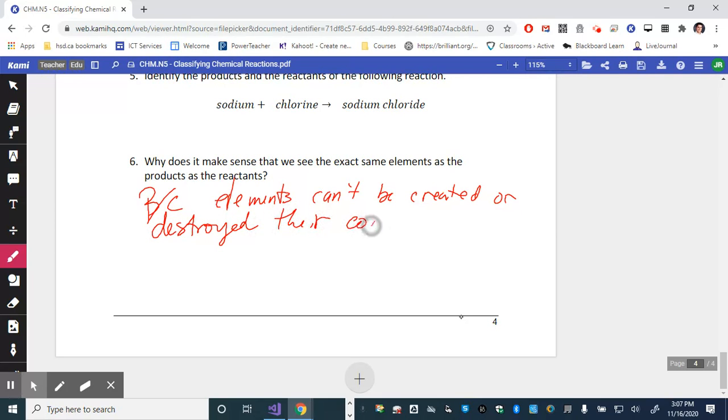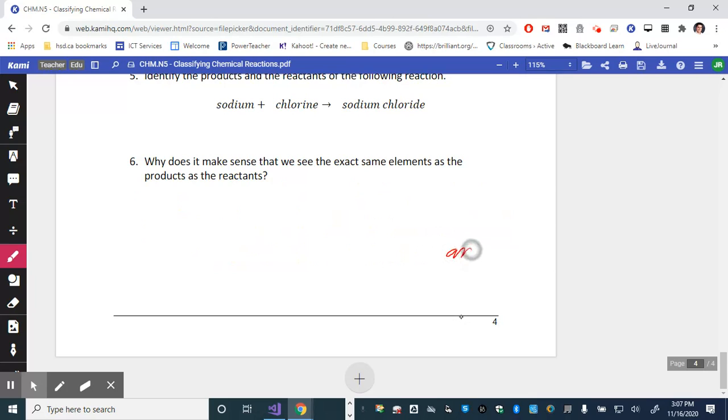Their composition in bonds is all that can change. This is always true except when there's radioactive material that is breaking down. But generally, this is always true.